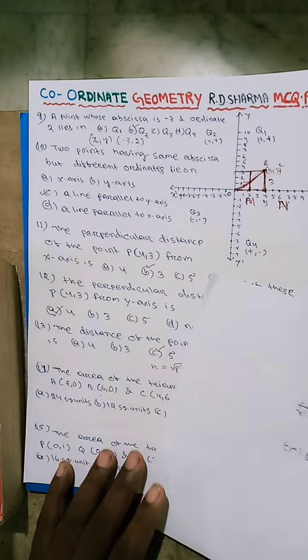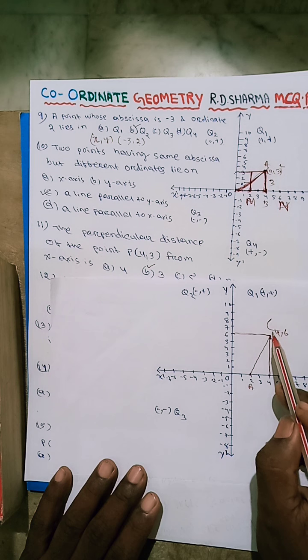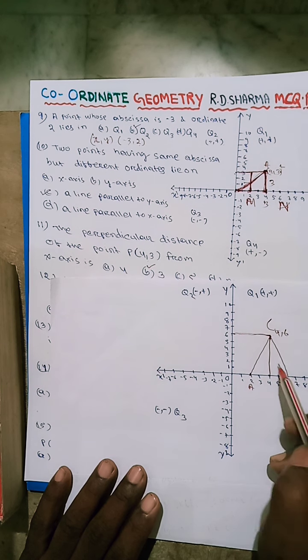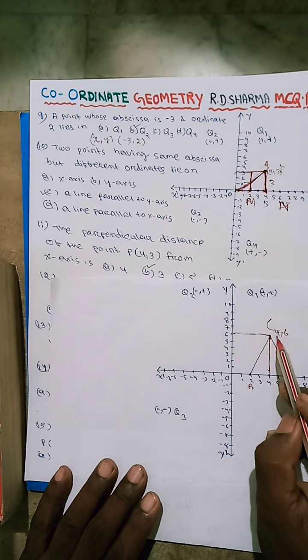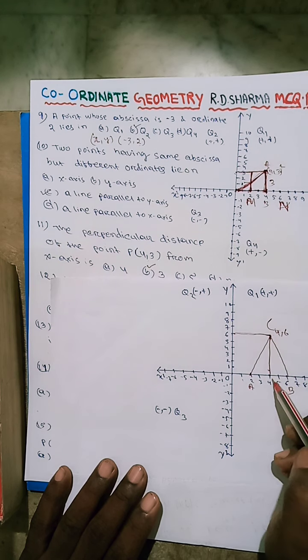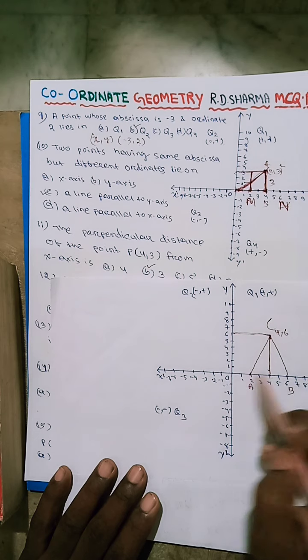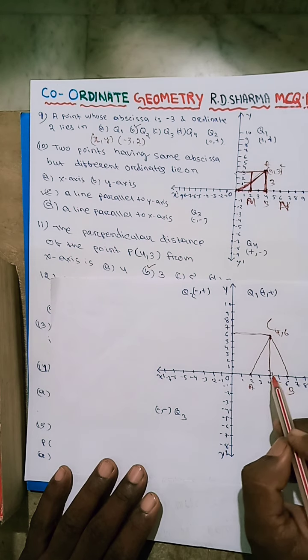Now, from the point C, draw the perpendicular. This is the perpendicular. That means the perpendicular distance from C to the x-axis is equal to the ordinate. So this is 6.